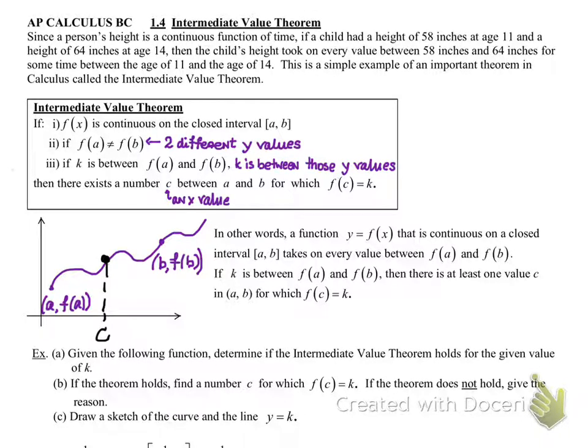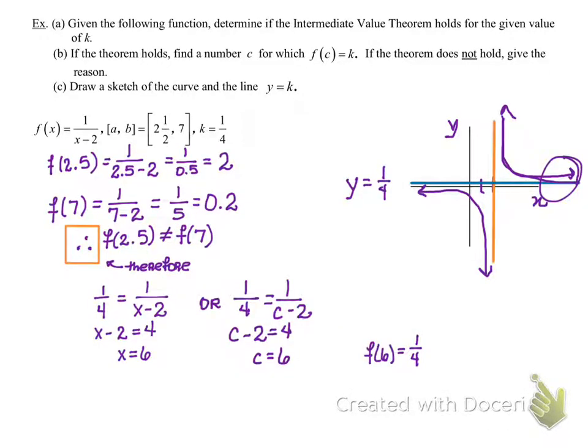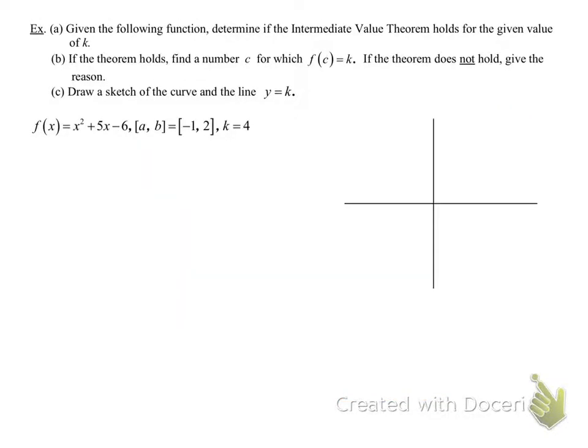We also showed that f of a does not equal f of b, and we were able to solve for a value of c. We found, in fact, that c is 6, and f of 6 equals 1/4, which is the k value we wanted to solve for. Okay, some of you don't need to do that because some of you are better at following directions.